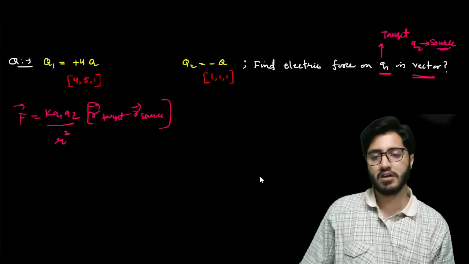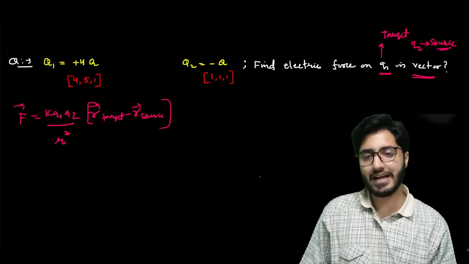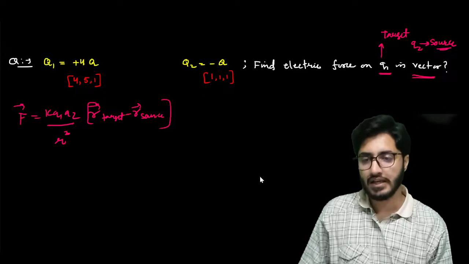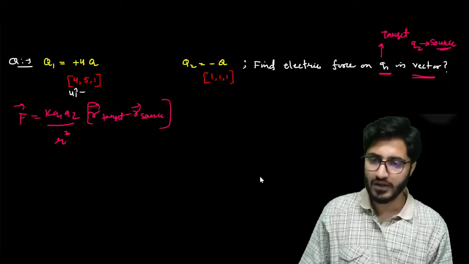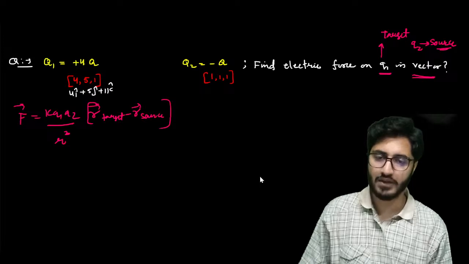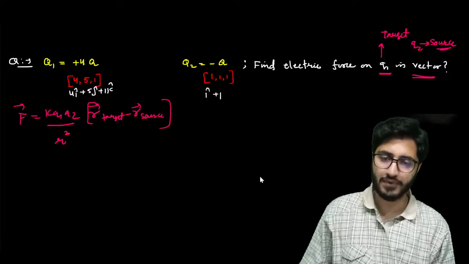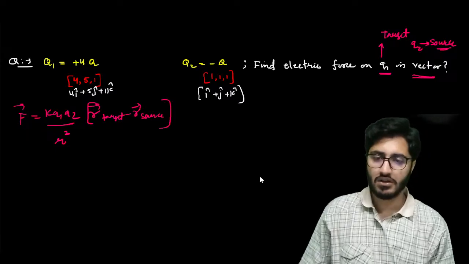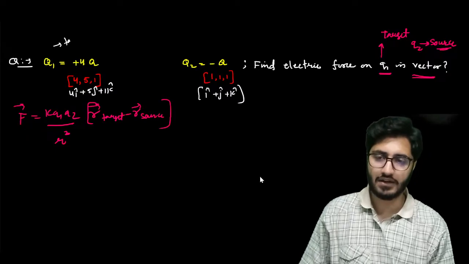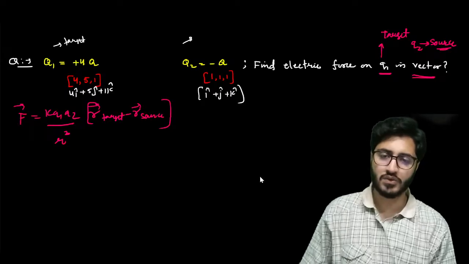Okay. Now look at this one. Is it 4i cap plus 5j cap plus 1k cap? Is this one i cap plus j cap plus k cap? This one is the target, and this one is the source.